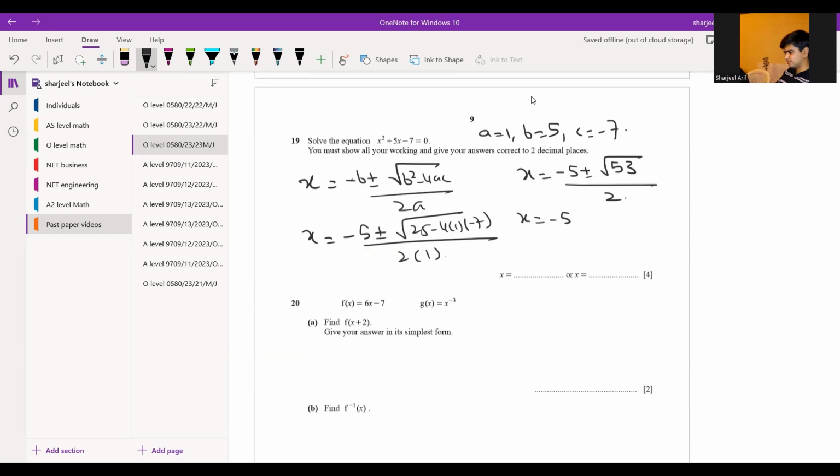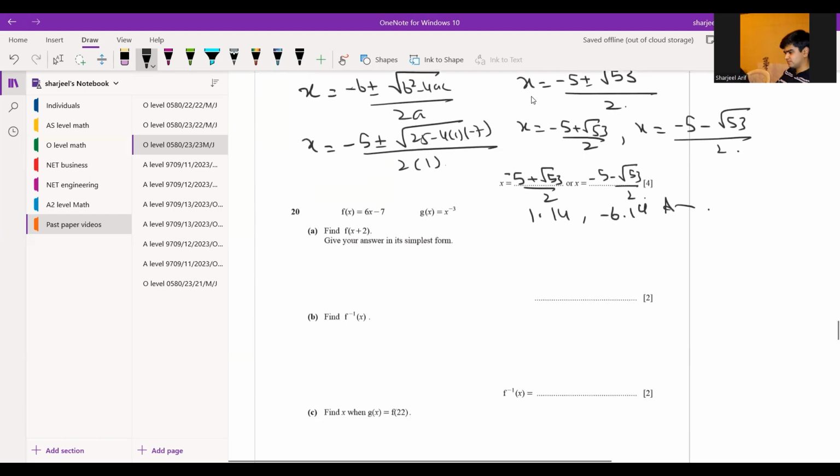So the two values will be x equals minus 5 plus root 53 over 2 and x equals minus 5 minus root 53 over 2. So these will be the two answers. Or you can write it in decimal form as 1.14 or minus 6.14.